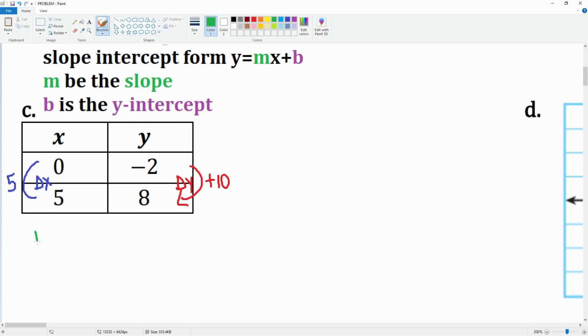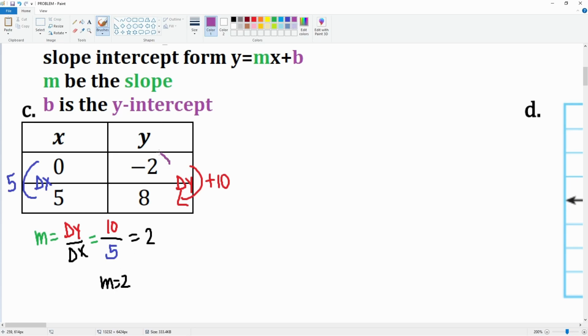So your m is equal to delta y divided by delta x, which is 10 divided by 5, which simplifies to 2. That is what your slope is. M is equal to 2.